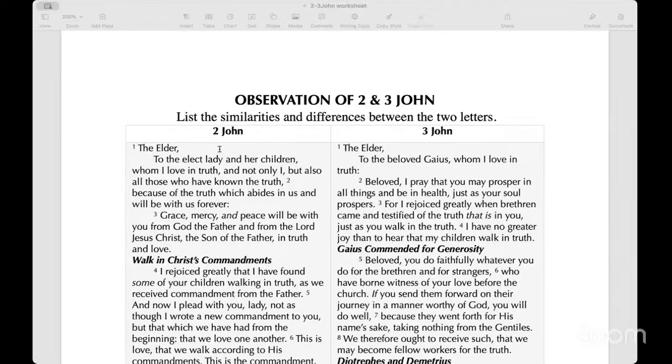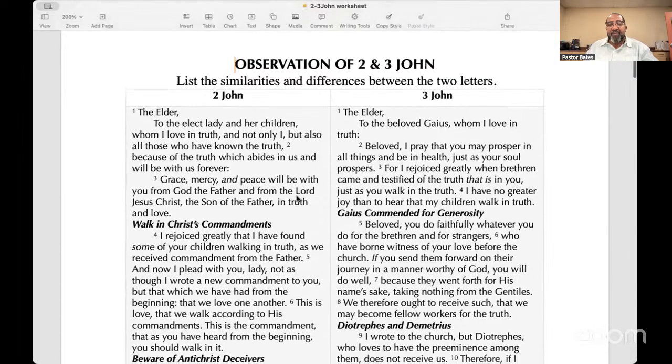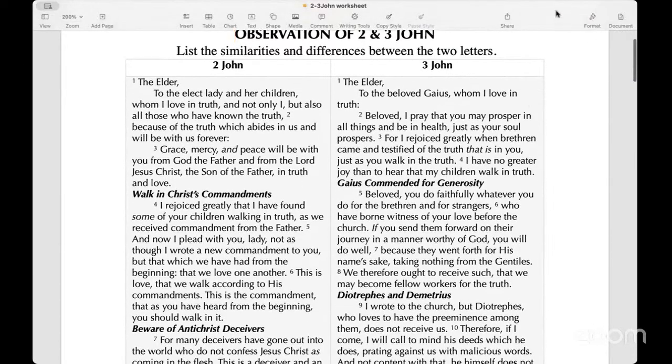But let's identify the verses. Where's the first time you see the word truth? Verse 1, once. Two times in verse 3. One time in verse 4. One time in verse 8, and one time in verse 12.